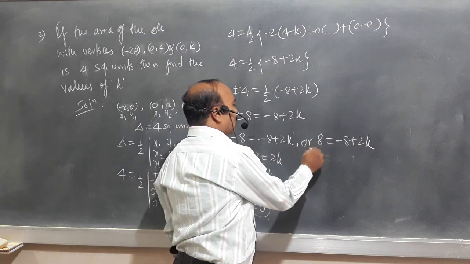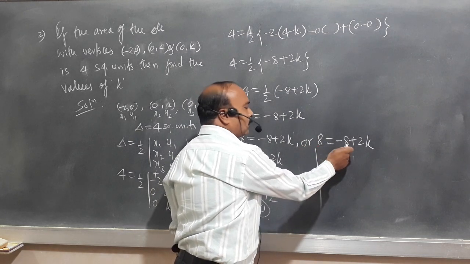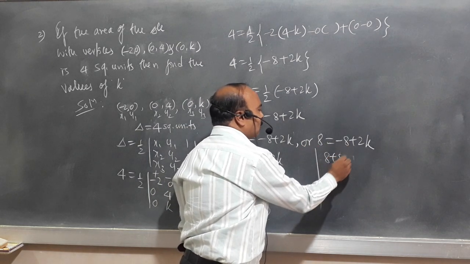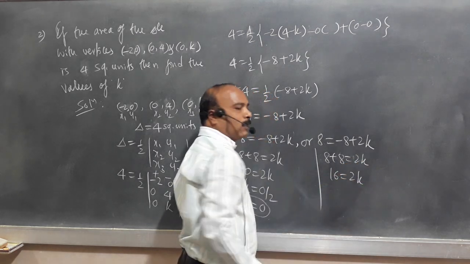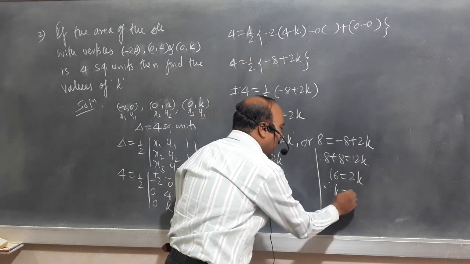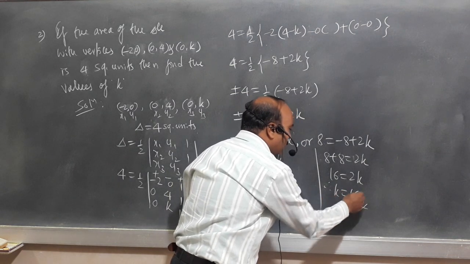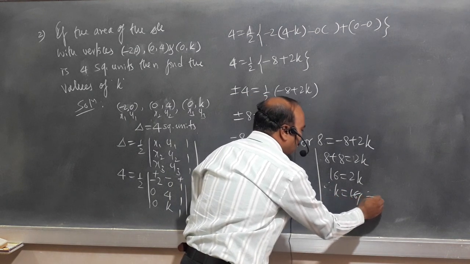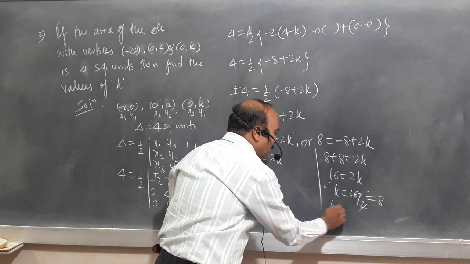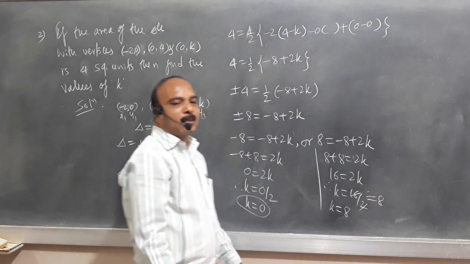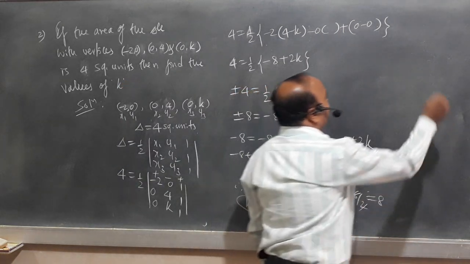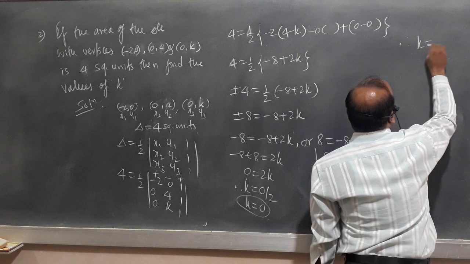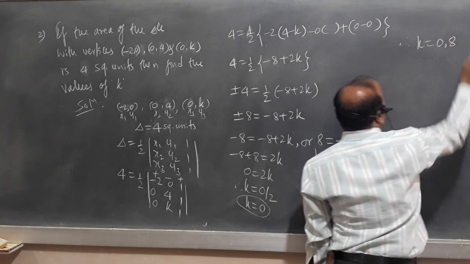Here we take 8 to this side, 8 plus 8 equal to 2k, 16 equal to 2k, therefore k equal to 16 by 2, the 2 ones are 2 and 2 eights are 16, it is 8, therefore k equal to 8. Thus we get two values of k, therefore k equal to 0, 8.